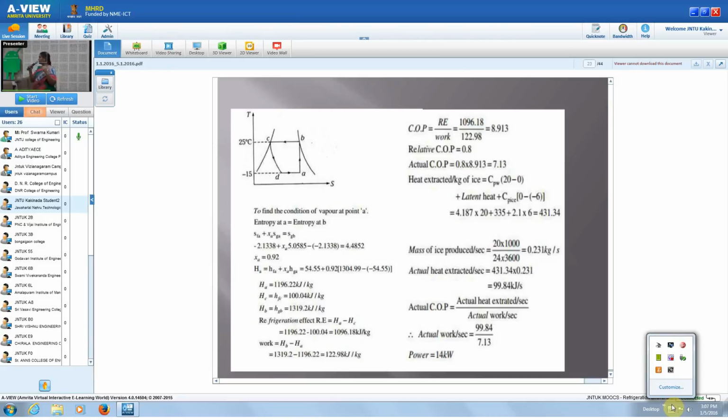Plus again it is to be formed into ice, so you have to add latent heat of ice. And ice is not formed at 0 degrees centigrade; it is to be formed at minus 6 degrees centigrade. So that's why again you have to take Cp of ice into 0 minus 6 degrees. So with that the heat extracted per kg of ice is 430.